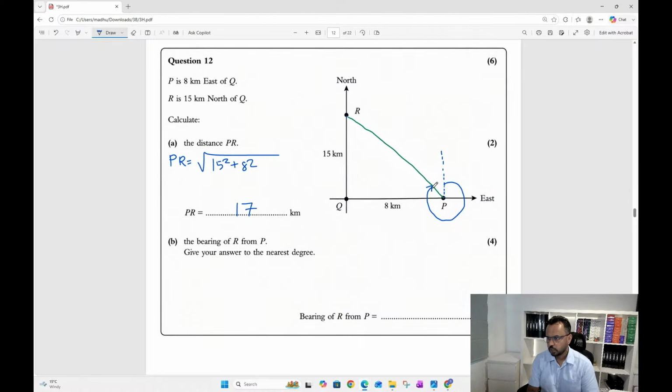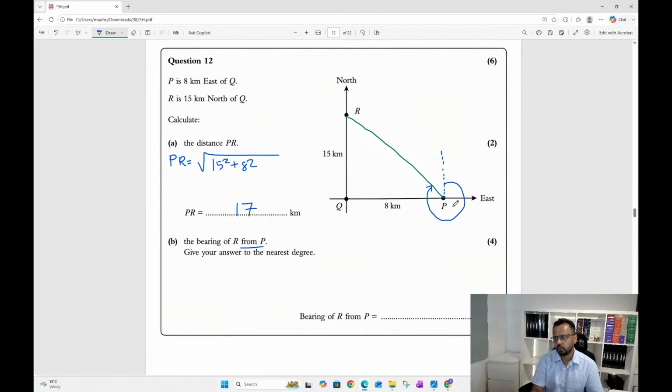Imagine you go to point P, and you imagine this is on the real ground. You go to the point P and you look at your north, and you need to turn in a clockwise direction like this until your hand is pointing to R. So that is the angle we are talking about. So you need to work out that angle.